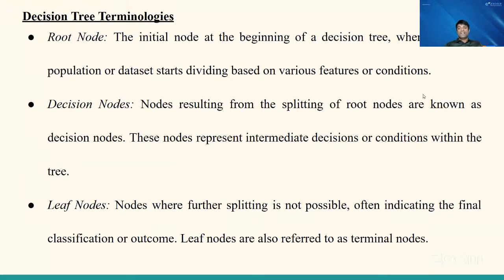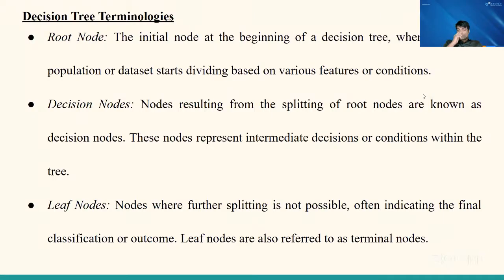It is a condition where it starts. You might have two, three, four, five or multiple conditions where the tree starts to split. Then you have something called a decision node. A decision node is where a decision is actually taken.